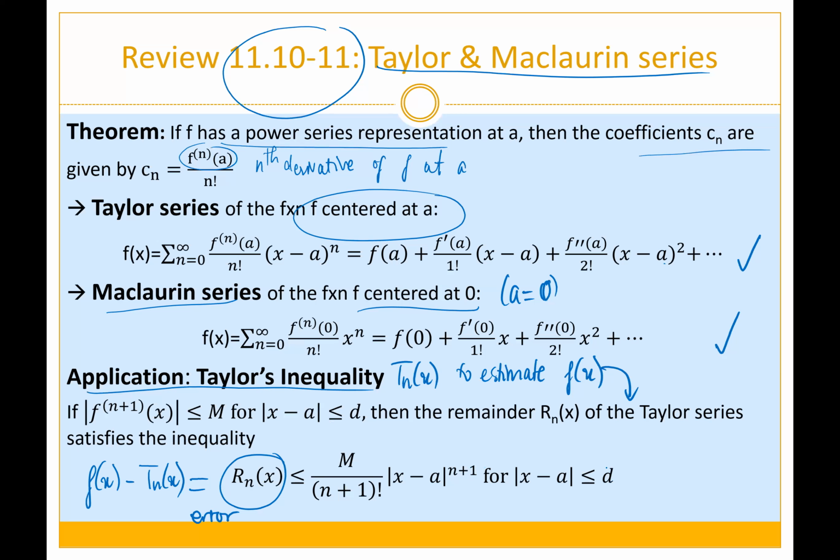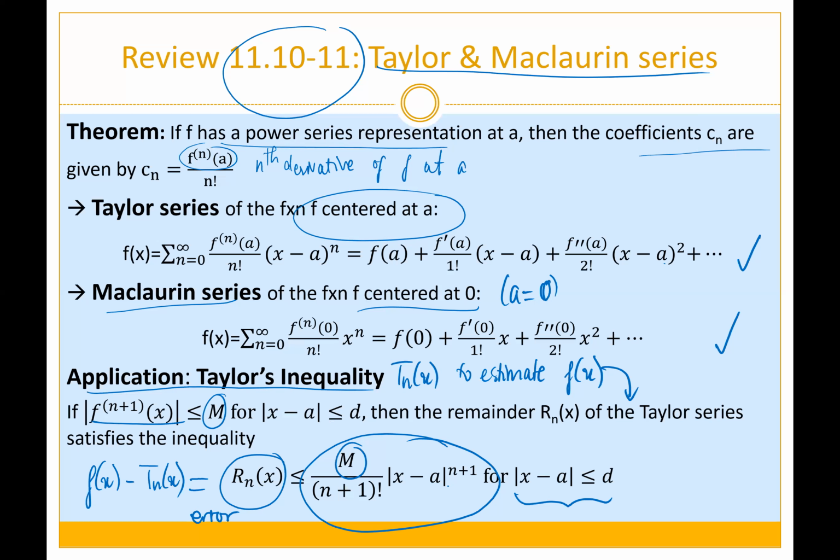So basically it's saying the error is smaller than this expression, where M is the maximum value of f to the n plus 1 of x, the n plus 1 derivative of f, on that interval, where the absolute value of x minus a is smaller than d, or on the interval of convergence.